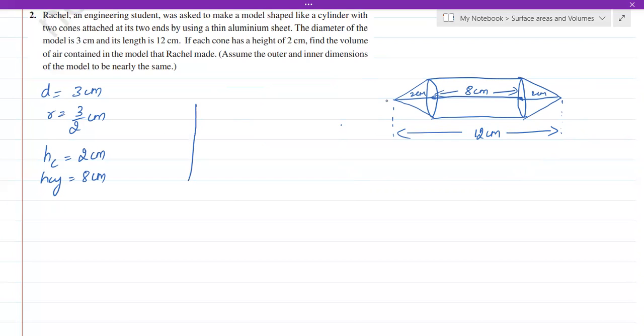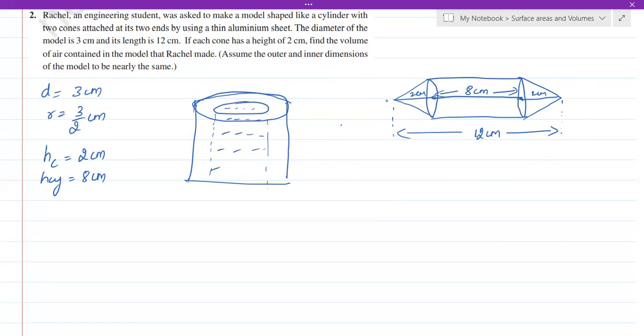Suppose you have got a bucket like this, a cylindrical bucket, something like this. Now this is the place that is provided to store water. Here, if I ask you what is the volume of water inside the model, remember we are not supposed to take the outside cylinder.